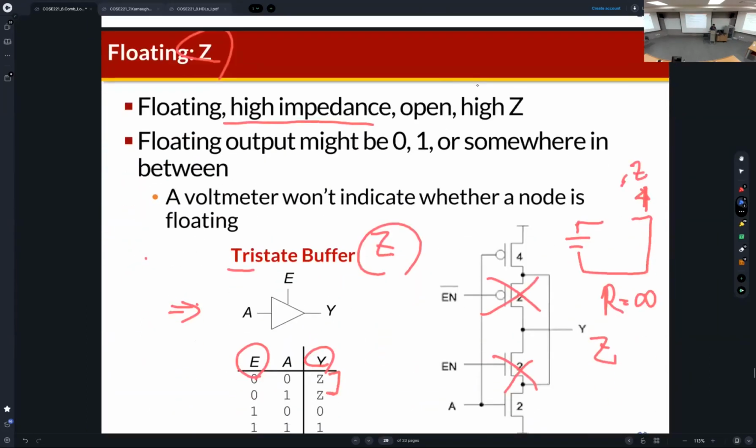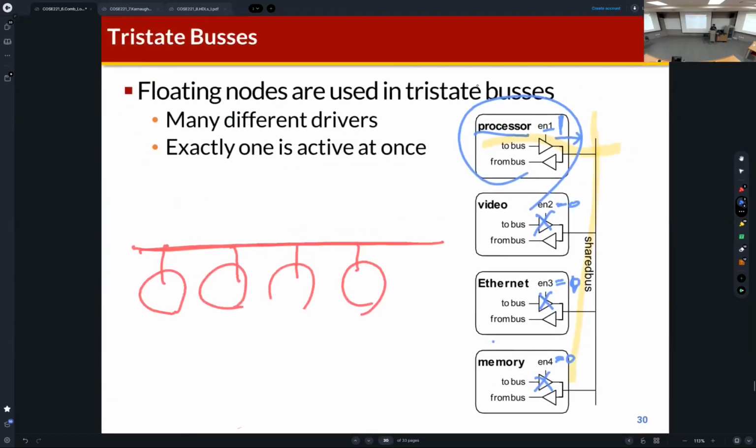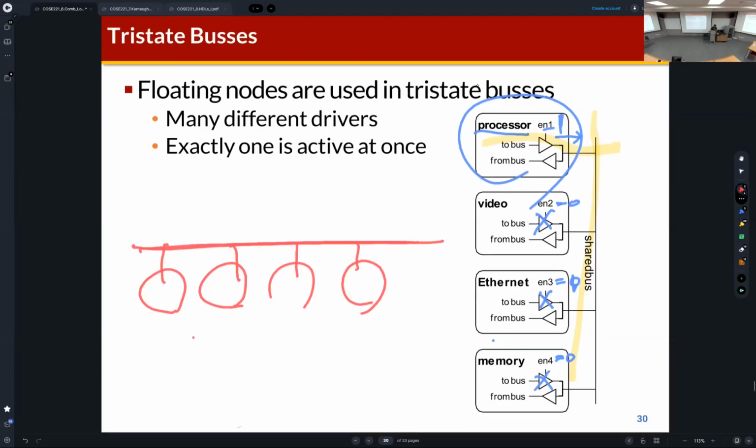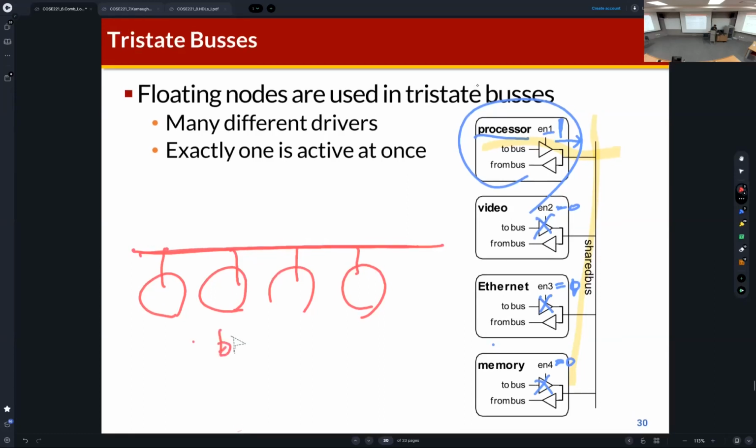So actually, we learned that a signal in the circuit can have 4 values: the 0 and 1 that we learned, and X, contention, and Z, high impedance.